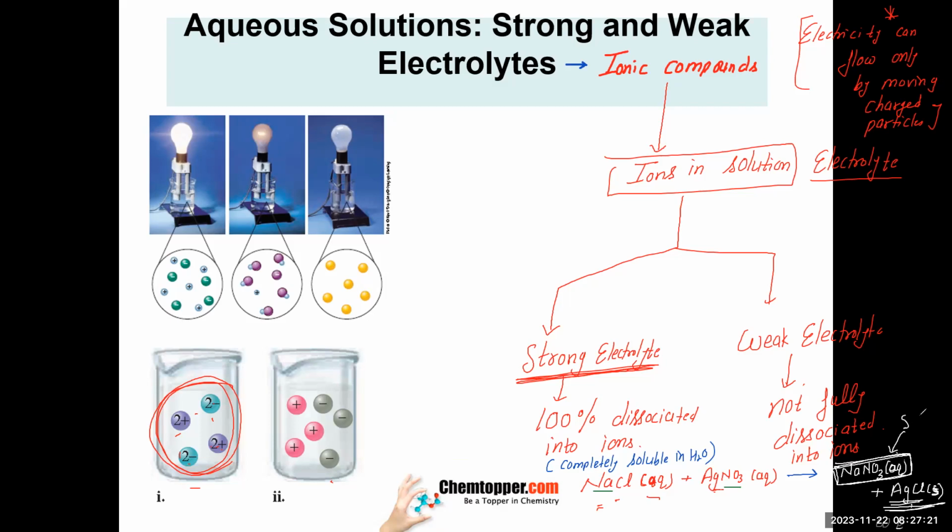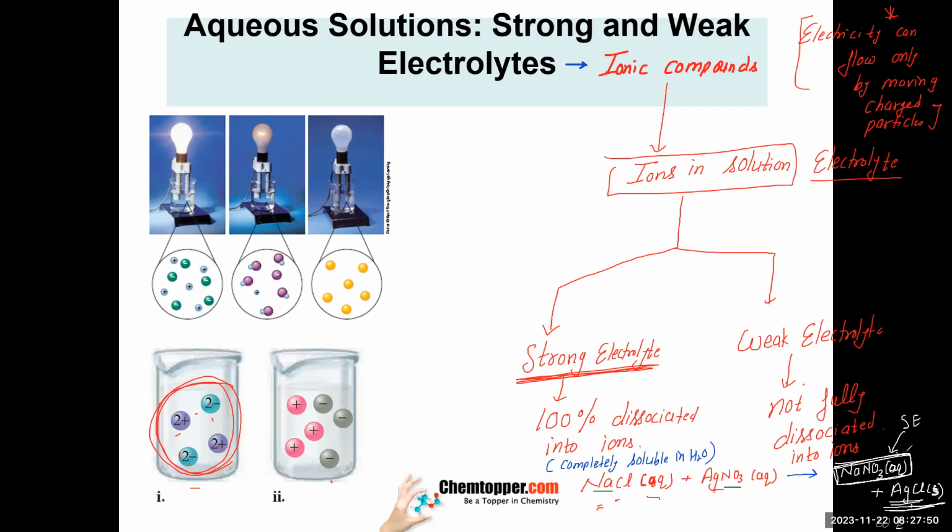NaNO3 is a strong electrolyte. So how to identify strong and weak electrolytes? Strong electrolytes are ionic solids, ionic compounds. You're right that weak acids and strong acids are all soluble in water, but they are not ionic compounds, not metal with non-metal.